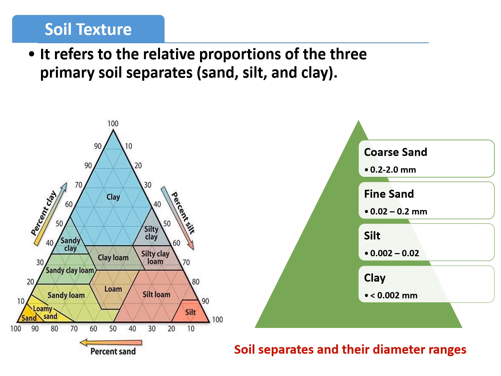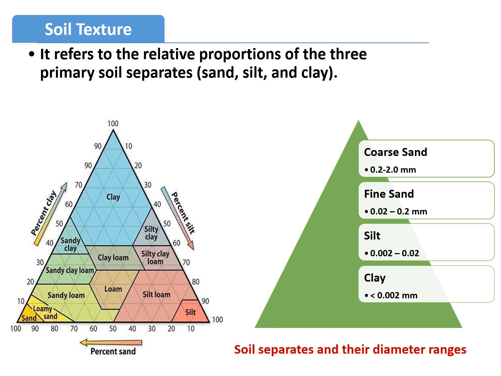In general, we have three, but sometimes we divide the sand into two parts. The first, the coarse sand, ranges from 0.2 to 2 millimeter diameter, and above that are gravels. In fine sand, we have 0.02 to 0.2 millimeter diameter.